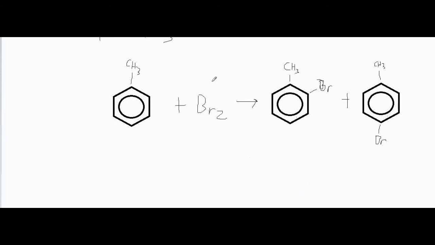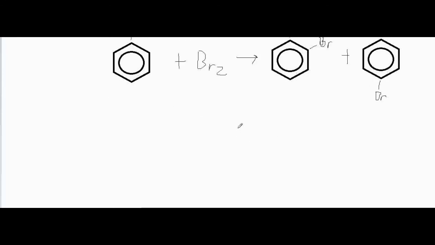Now, just like how we could nitrate benzene, we can also nitrate methyl benzene, which again is much easier than with normal benzene due to the higher level of reactivity.